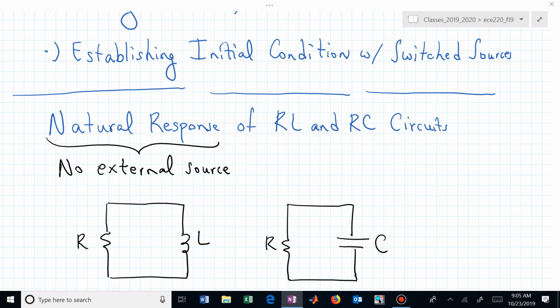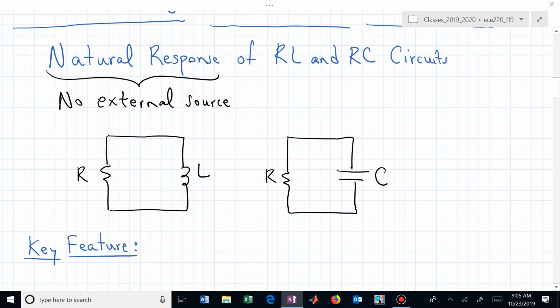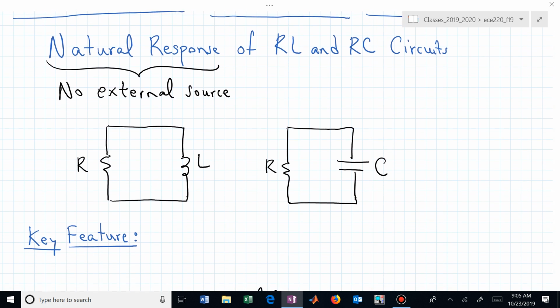What's happening before the switch? What happens after the switch? To start, let's look at a natural response. Here I'm saying there's no external source. You don't see a current source or a voltage source.